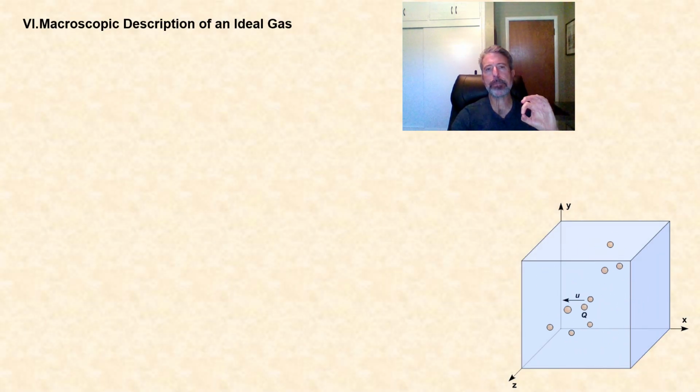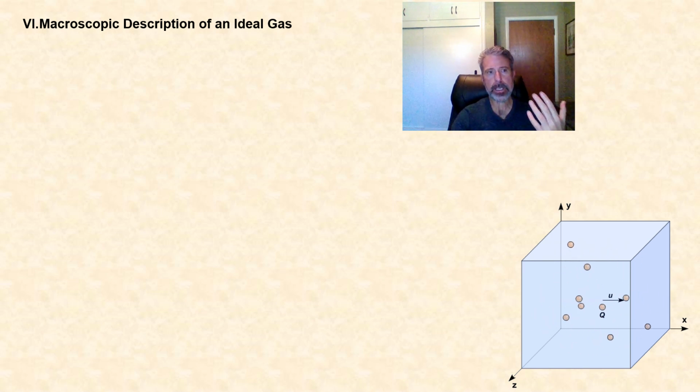So the last topic that we're going to introduce in this video is a macroscopic description of an ideal gas. Now, I know it's been a long lecture so far, and this topic may seem somewhat randomly thrown in, but it's a topic which we need to introduce before we're able to talk about kinetic molecular theory, which will give us a microscopic description of gas behavior, and we're going to get to that in about a week.